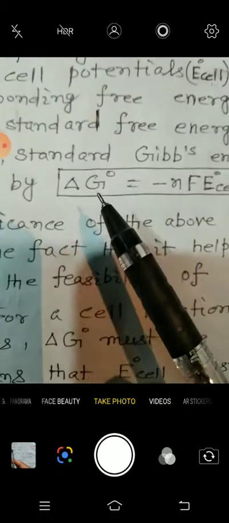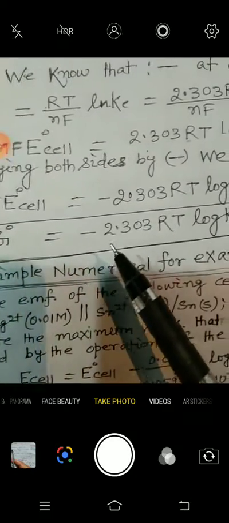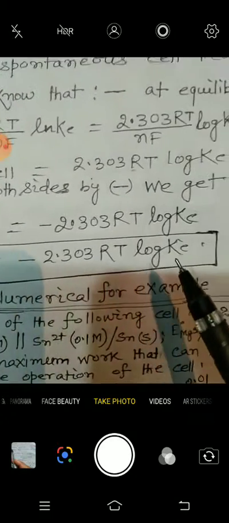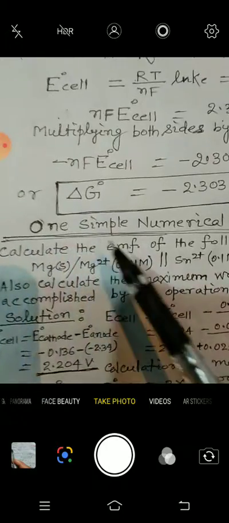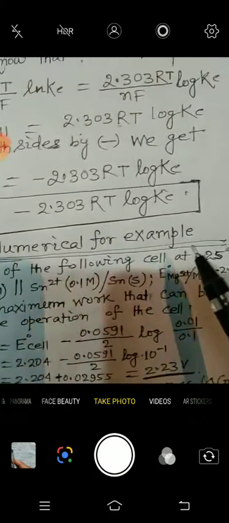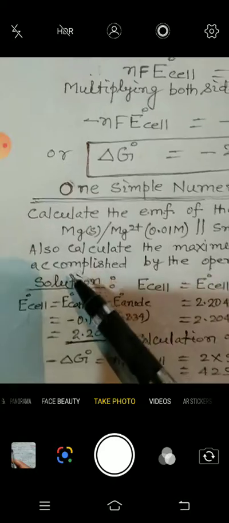Here is the first relation, delta G naught is equal to minus nF E naught cell. Here is the second relation, delta G naught is equal to minus 2.303 RT log Kc. So with these two relations, numericals are asked. One simple numerical, for example, has been solved here.